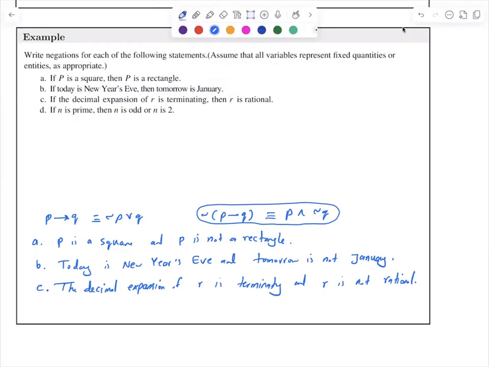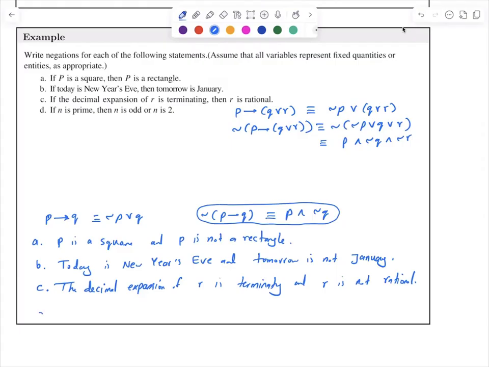Here you have P, then Q or R. This is P, then Q or R, which equivalently can be written as not P or Q or R. If we try to find a negation here, the negation of P, then Q or R is the same as the negation of this statement, not P or Q or R, which is going to be not not P, which is P, and not Q, and not R.